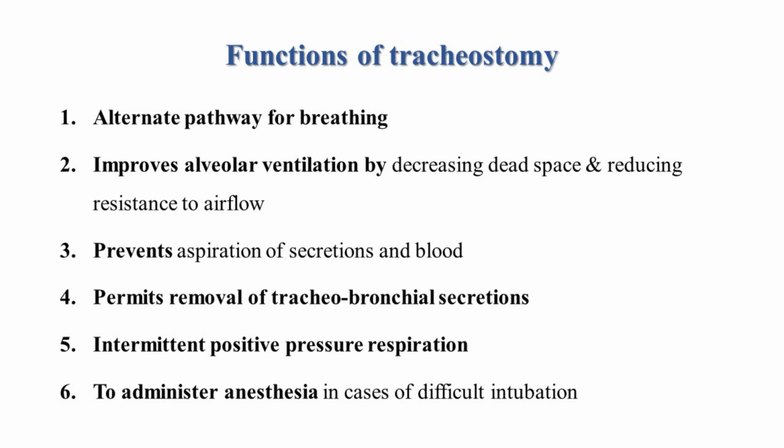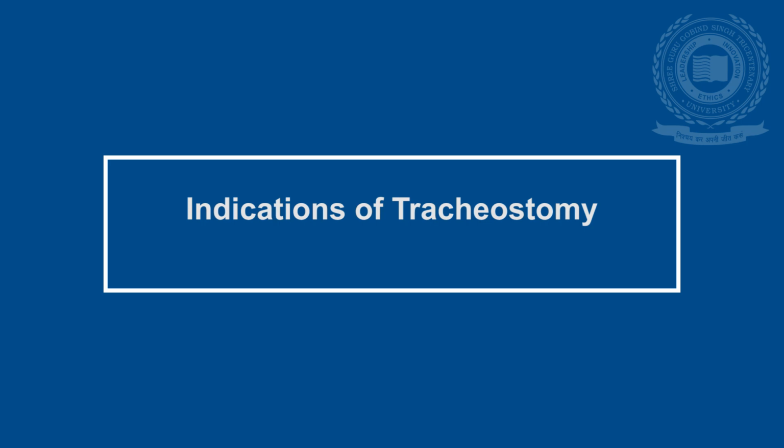It protects against aspiration and permits removal of tracheobronchial secretions. It is also used to provide intermittent positive pressure respiration and may also be used to administer anesthesia in cases of difficult intubation. What are the various indications of tracheostomy?